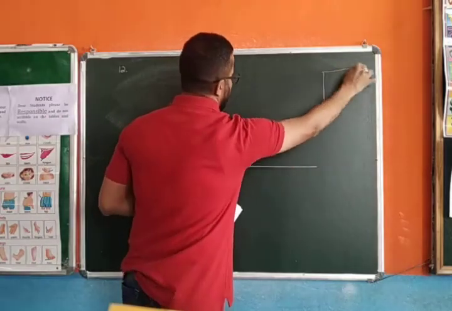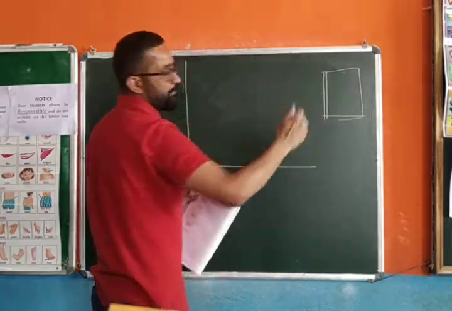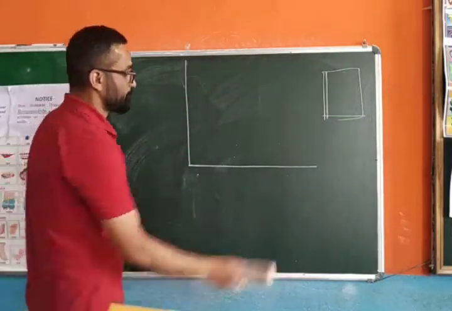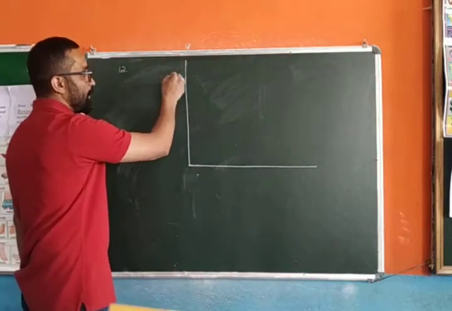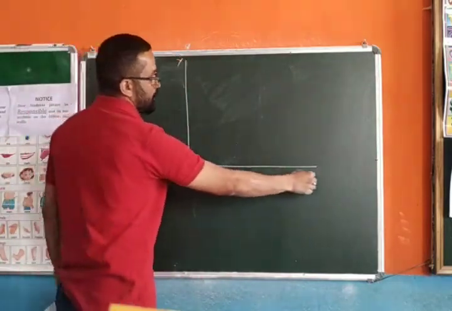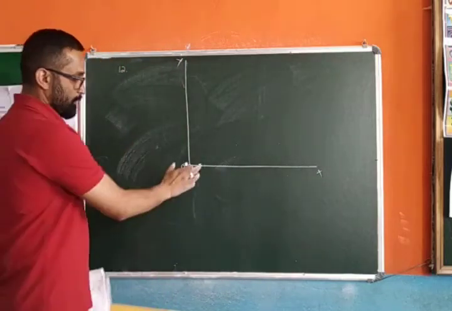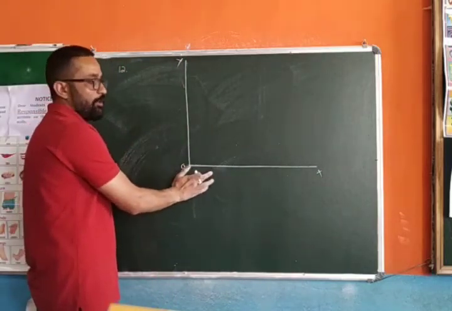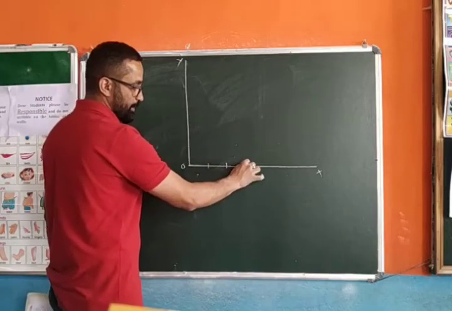I told you graph, leave 1 centimeter and then mark it. Once you have these two lines, it is y-axis, x-axis, origin. Use 2 centimeter scale along x-axis. Use ruler, mark it to 2 centimeter.